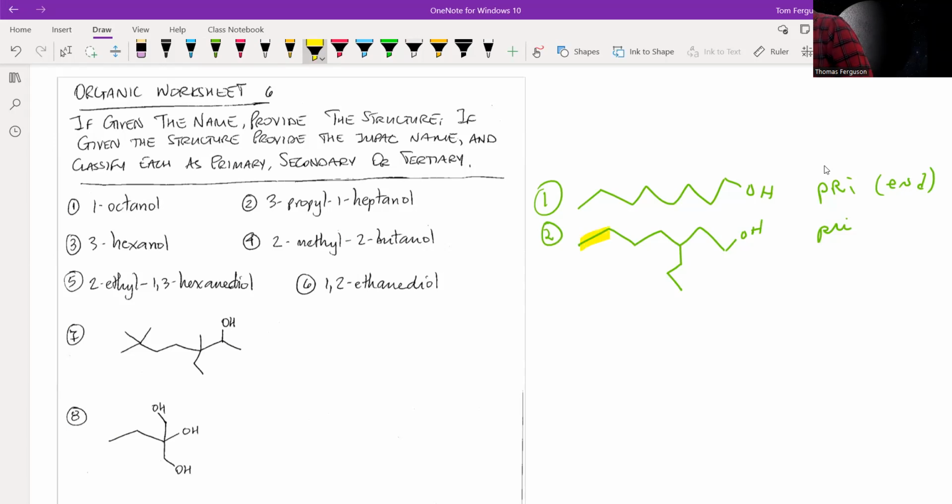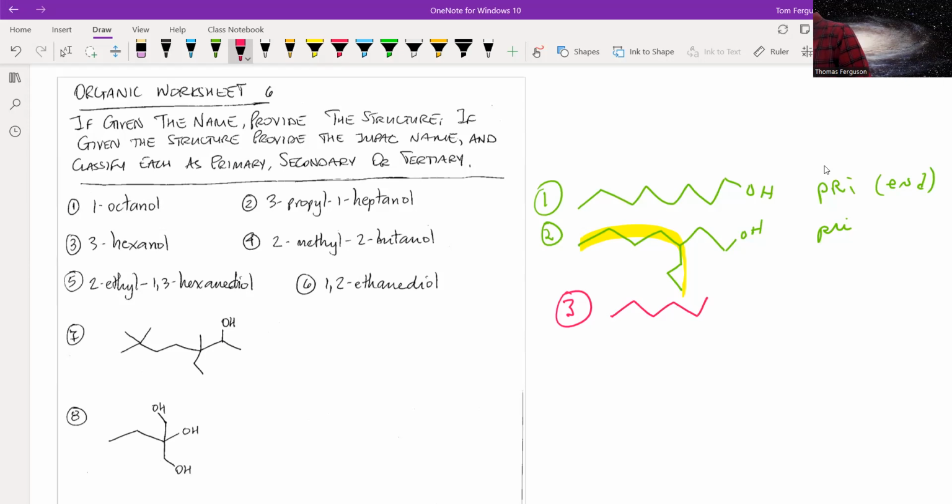So if we go that way, that's 8 carbons long, but it doesn't include the hydroxyl group. 3-hexanol, 6 carbons. And that would be a secondary because this is in the middle.